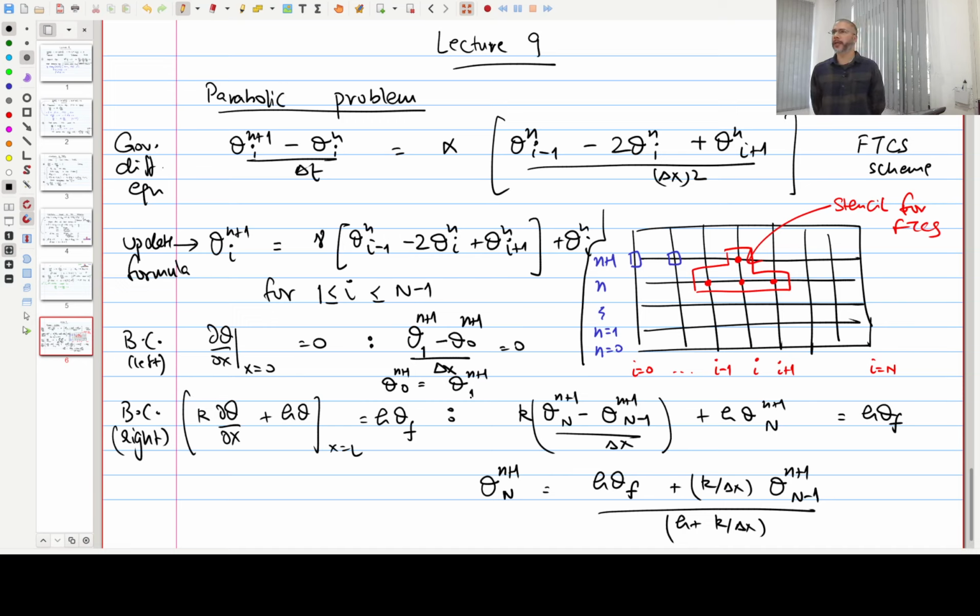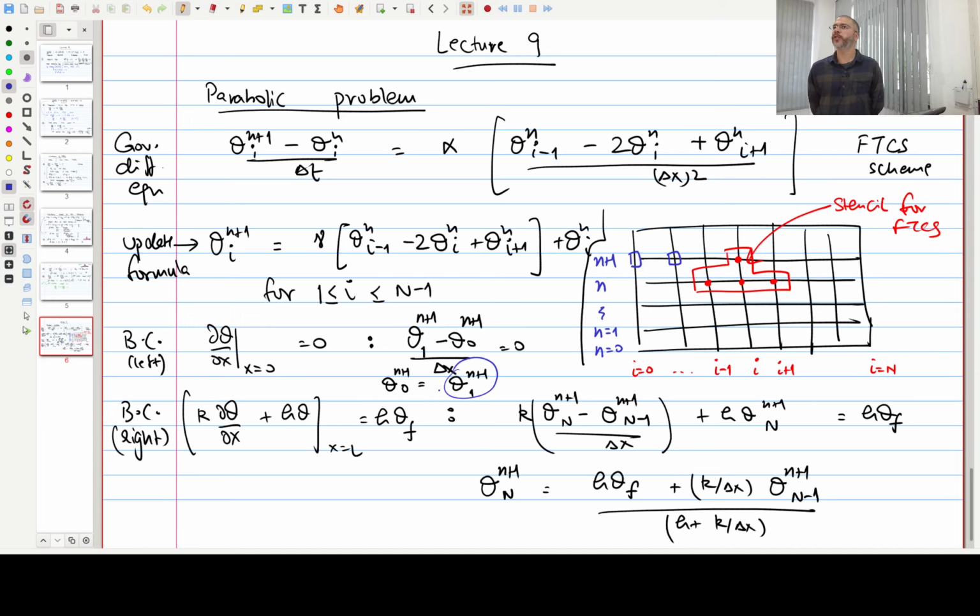So there is an order to which we will visit the points at the n plus 1th time. First we do the interior points, because you can see that both the boundary conditions require information about one of the interior points at the n plus 1th time. For instance, this one, the blue circle, theta at small n plus 1th time at the index number 1.